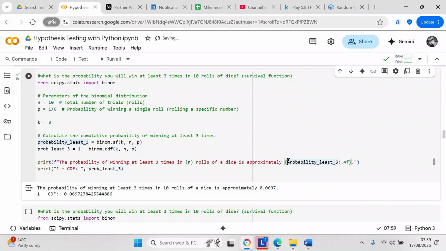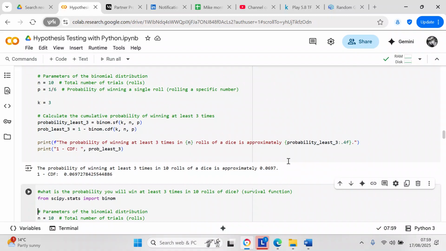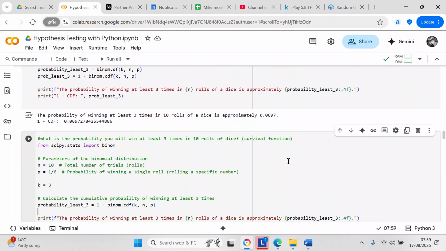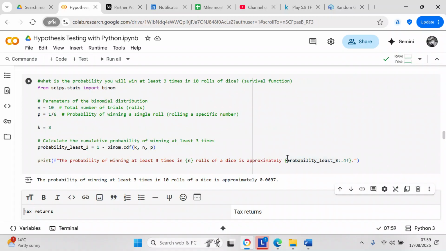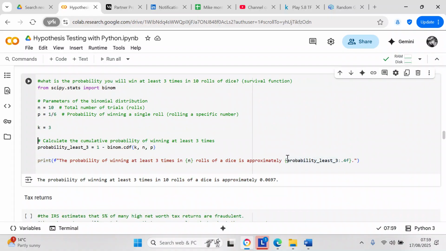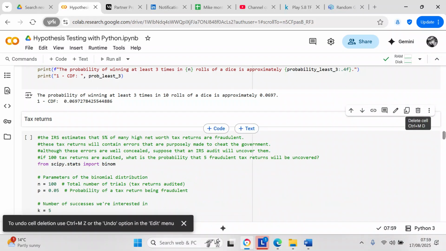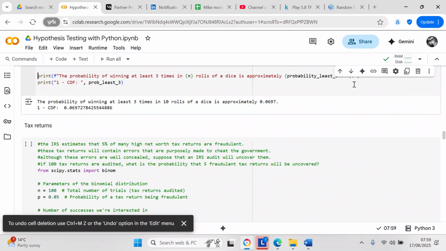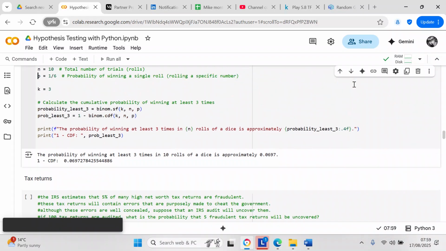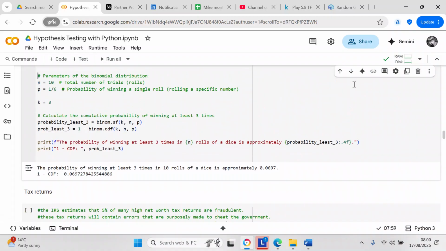You're just writing a slightly different formula to get the same thing. So I'm going to delete this cell because it's telling you exactly the same thing, just a different way to do it.